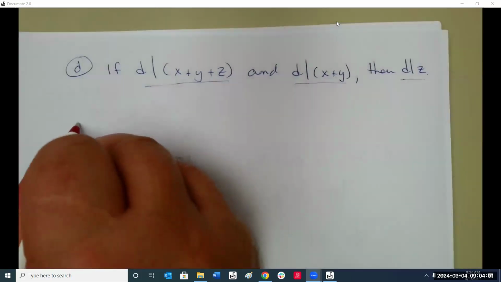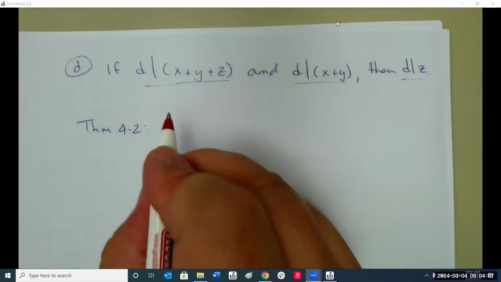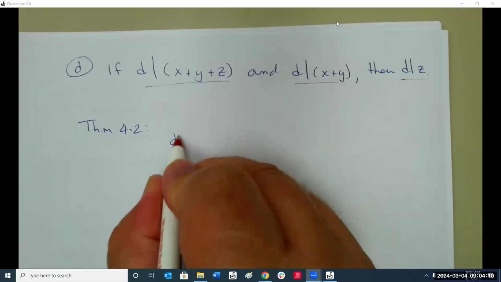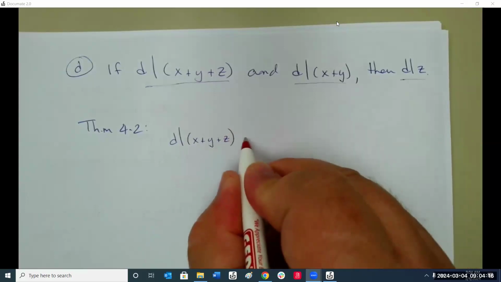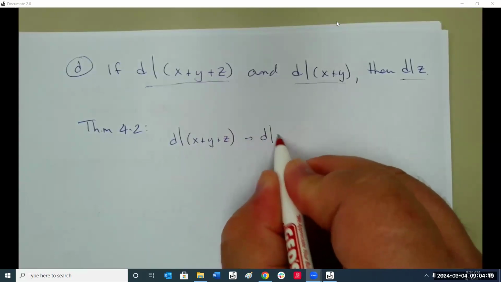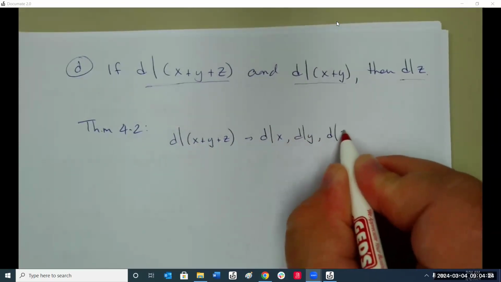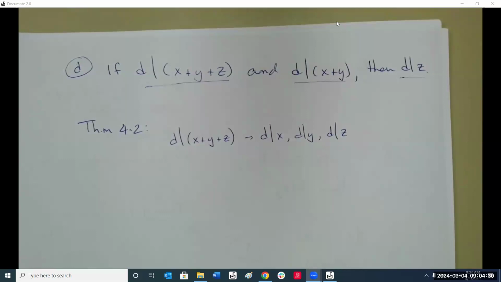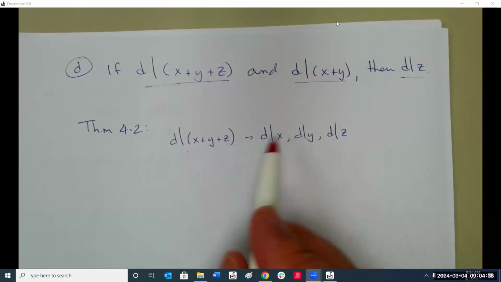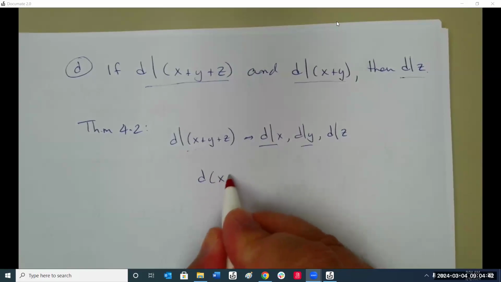So according to theorem 4-2, the corollary of it, since it's divisors of X and Y, then we can add them together.